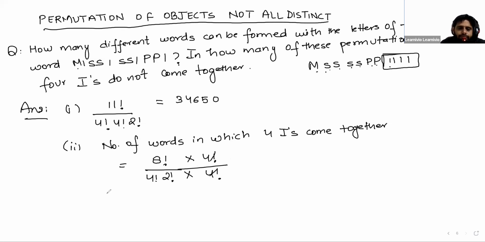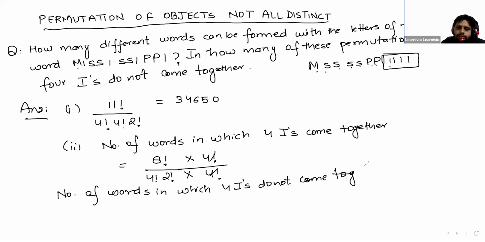Now the number of words in which four I's do not come together is equal to what?